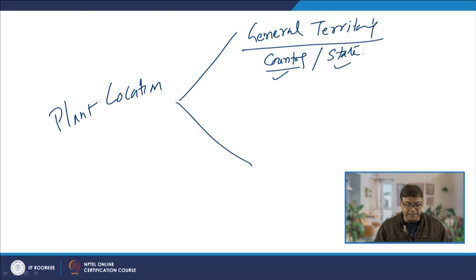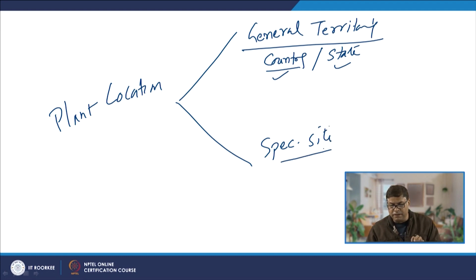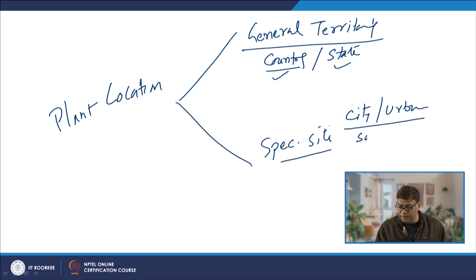Then coming to the more specific site location selection. In that case, we need to see whether the plant will be located in that state or broader area near the city or in the urban areas, or in suburbs, or in the countryside or rural areas.